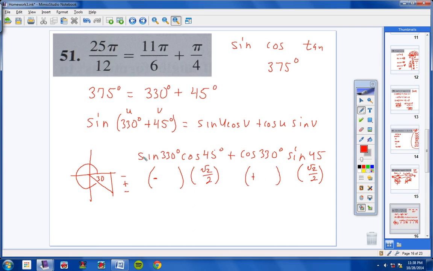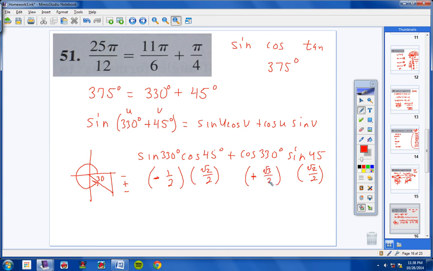Now the sine, we can use 30 here instead of 330, as long as we remember that my answer will be negative. And we can use 30 here, cosine of 30 instead of 330, as long as we remember my answer here will be positive, okay? So the sine of 30 would be 1/2, and the cosine of 30 would be square root of 3 over 2.